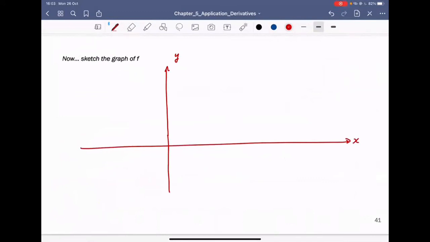All right, so take a step back. First of all, what is our x-intercept and y-intercept? So the x-intercept is (5/2, 0), and the y-intercept is (0, -5/4). All right, this is going to be my x-intercept and y-intercept.